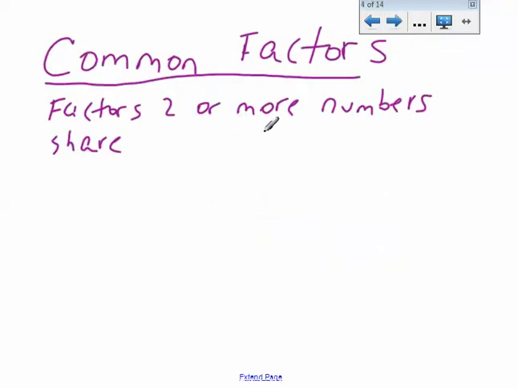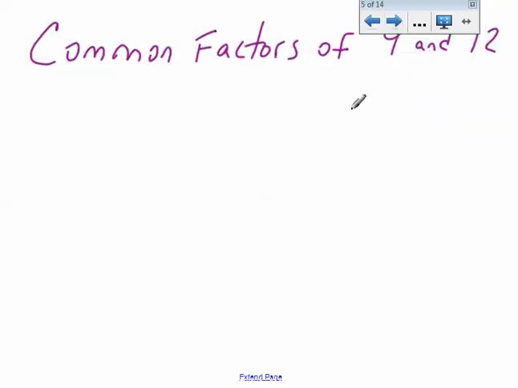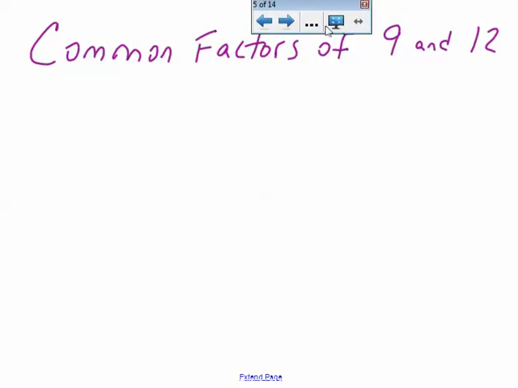Well, common factors just means the factors that two or more numbers share. So we list the factors of two different numbers, and then we look at all the ones they have in common. Let's try that. Common factors of 9 and 12. I'm going to list all the factors of 9.